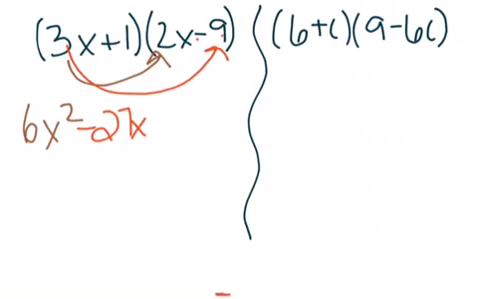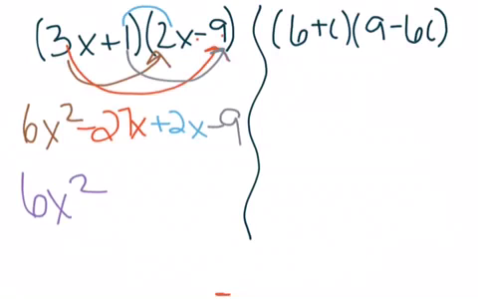Inside terms here in the blue are going to be 1 times 2x, which will be a positive 2x. And L for last is going to give us 1 times a negative 9, which will be negative 9, okay? Now let's combine like terms. We've got a 6x squared, then a negative 27x plus a positive 2x gives us negative 25x. Okay, and negative 9. And that's our final answer.